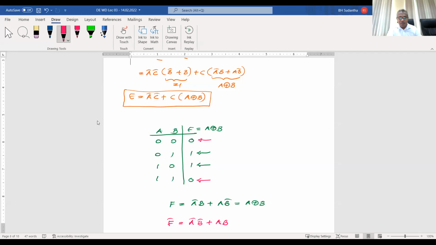This zero is A bar B bar, this zero is A B. Now what is F bar? A exclusive OR B bar. Whenever you see A bar B bar plus A B, you can write A exclusive NOR B. Remember this one. This is very useful.